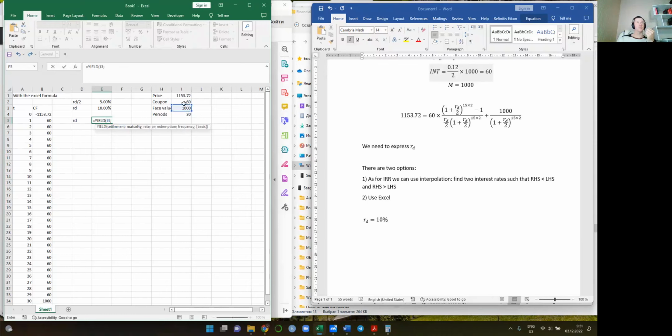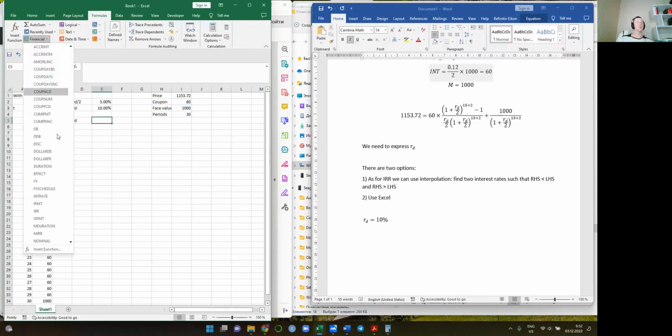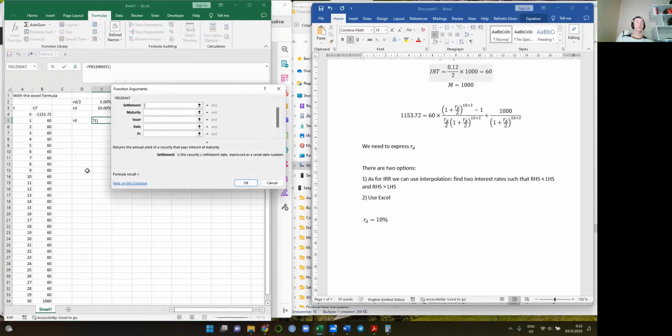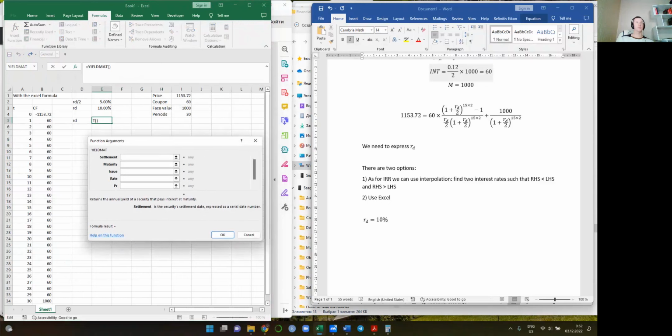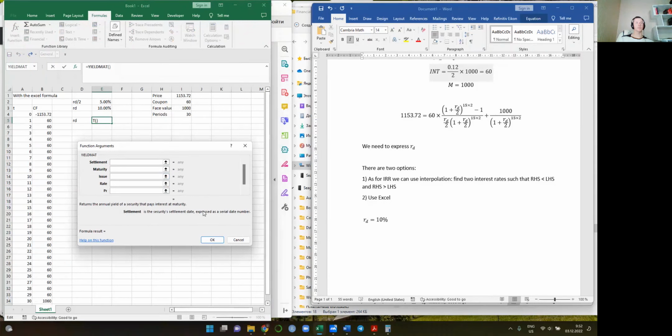So settlement, maturity, 30 periods, rate. No, probably we need to have some help. What is this? So financial formulas, yield. Yeah, yield to maturity. So settlement is a security settlement date expressed as a serial date number. Yeah, we need to have some dates here probably. Security maturity dates.